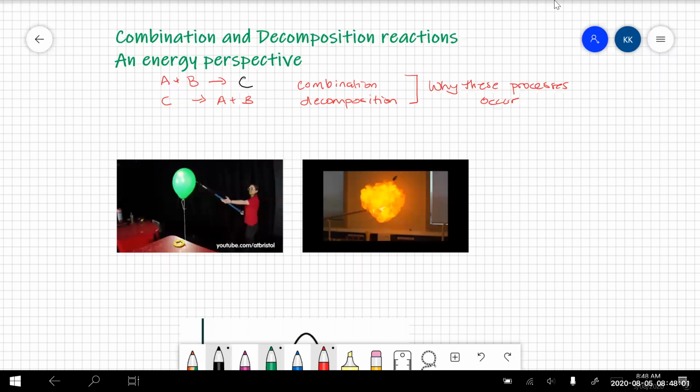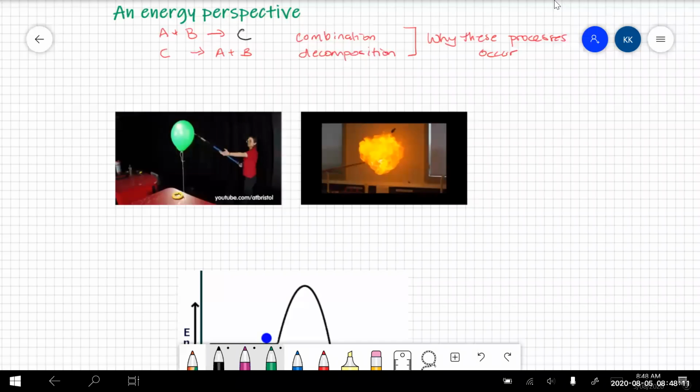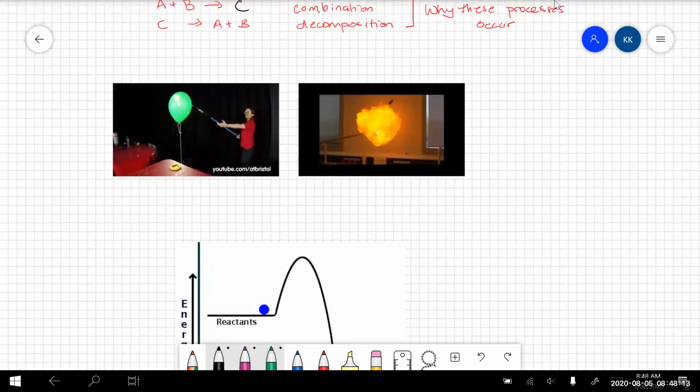And we are going to use one of my favorite reactions, and that is the reaction where you explode hydrogen. So you have probably seen this one happen, and you've got some hydrogen gas in a balloon, and you're going to react it with oxygen in the air, and it's going to make water.